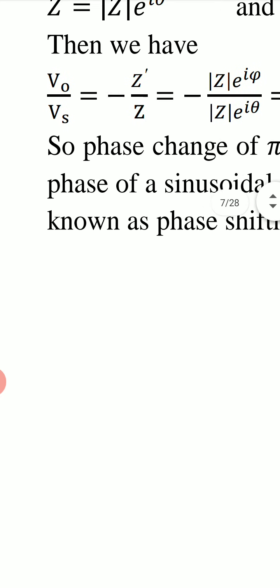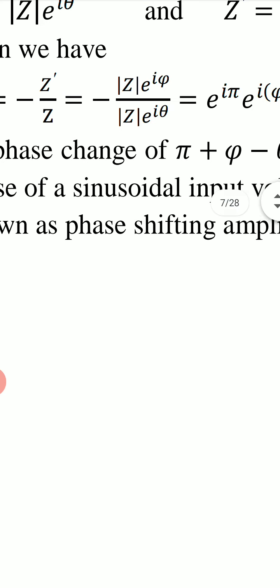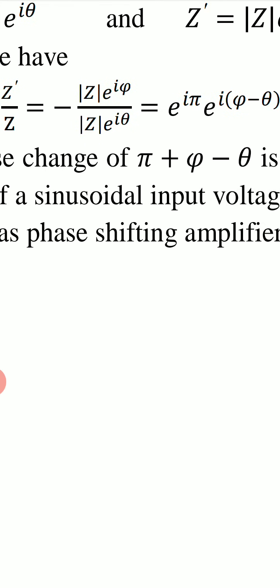In this case, the ratio of output voltage to input voltage, VO upon Vs, which was equal to minus Z dash upon Z, now substituting the values of Z dash and Z, we have this expression. For minus sign, we write e to the power i pi. E to the power i pi is equal to minus 1. E to the power i theta is cos theta plus i sin theta.